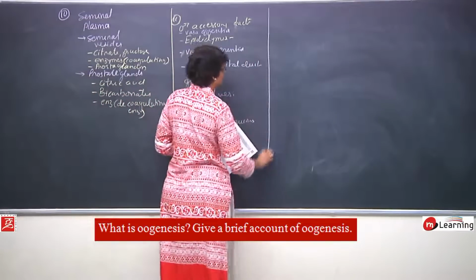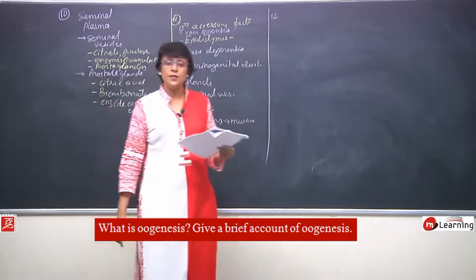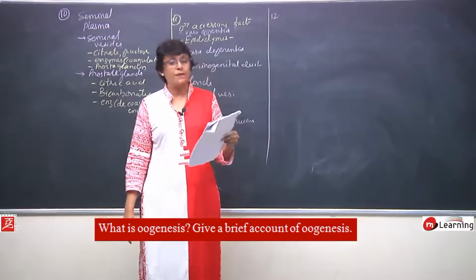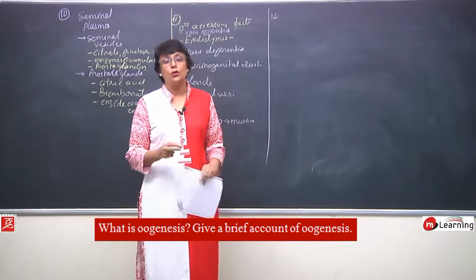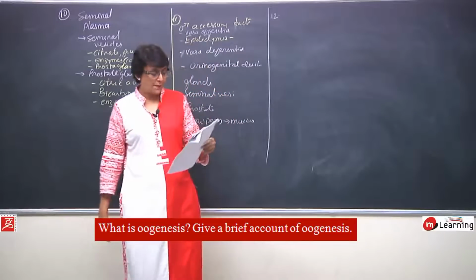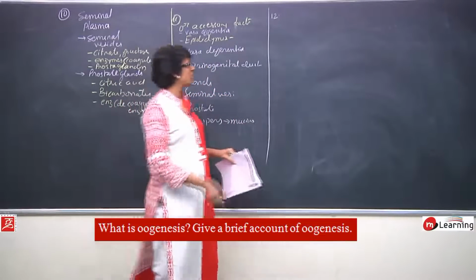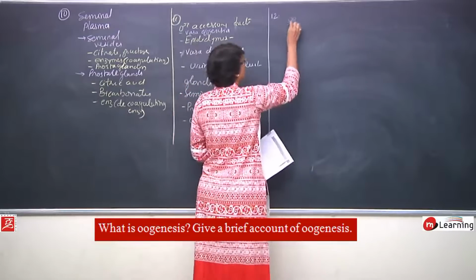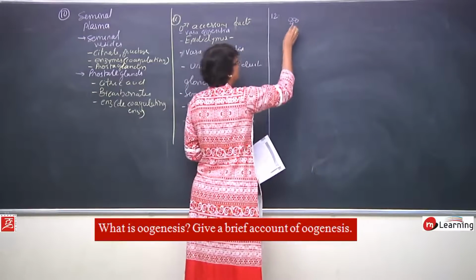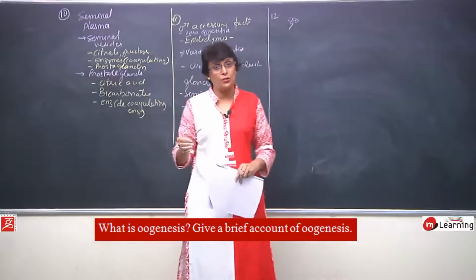Twelfth question. What is oogenesis? Give a brief account of oogenesis. Oogenesis is the process of ovum or egg formation, and a brief account means we have to describe the process. Same as before, there are the multiplication phase, growth phase and maturation phase.